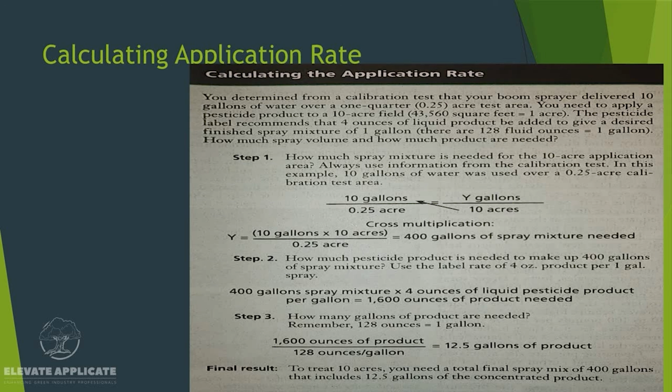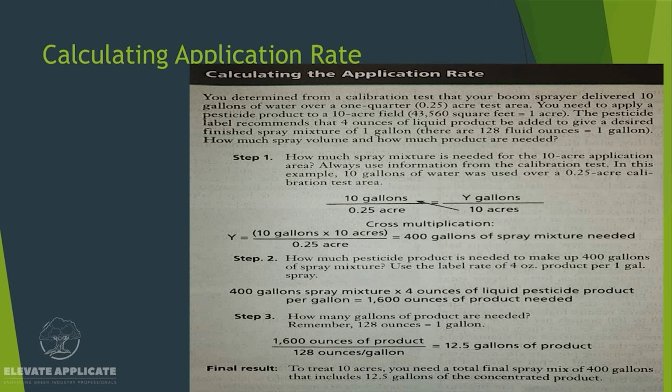Okay, we come out to 1,600 ounces of product needed. Now, how do we convert that to gallons? Well, you divide it by what is a gallon? A gallon is 128 fluid ounces. So 1,600 ounces of product divided by 128 ounces comes out to 12.5 gallons. And now you've figured out the application rate.